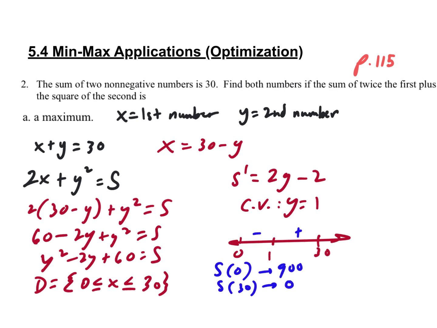So my maximum is going to occur when s is 0. This is my second number, because I'm solving for y. We're talking about y's here. So the second number is 30. I'm only writing this crappy because I'm going to show you my nice written version. First number is 0.